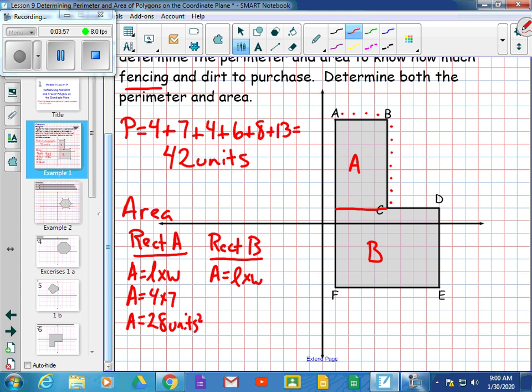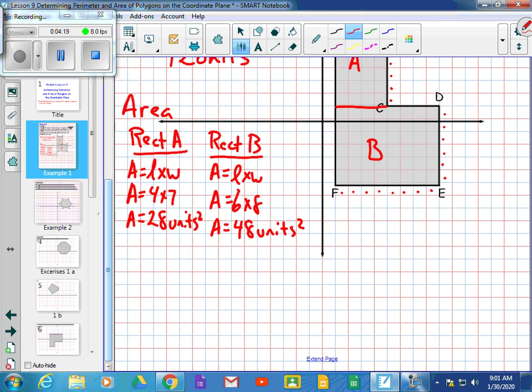And then B would have 1, 2, 3, 4, 5, 6 by 1, 2, 3, 4, 5, 6, 7, 8. 6 by 8 gives us an area of 48 square units for that particular rectangle. And then to get the total area, I would add those together. I would take 28 plus 48 and get a total area of 76 square units.